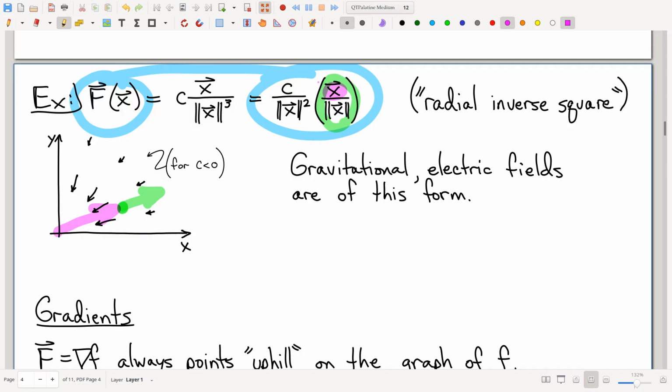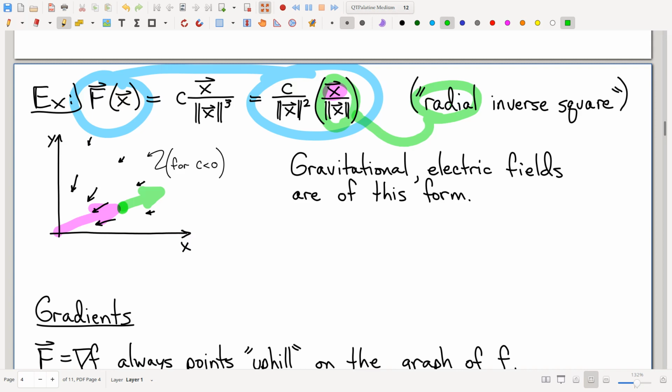Position vectors always point away from the origin, well, of course. So this green thing is a unit vector pointing away from the origin. This is what we're going to call the radial aspect of it, because the direction that this vector field points is always away from the origin. I think radial is a natural choice of words there.